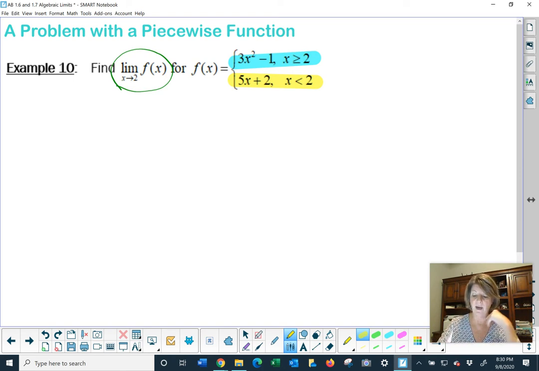And that piecewise business starts or hands off when x is 2. So when x is less than 2, I've got a linear function going. When x is bigger than 2, I have a quadratic, it looks like.